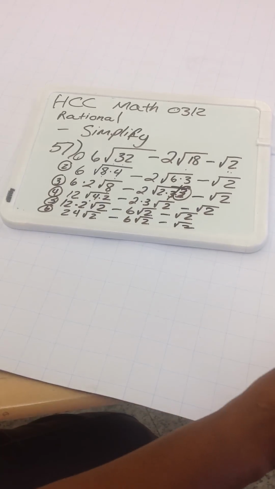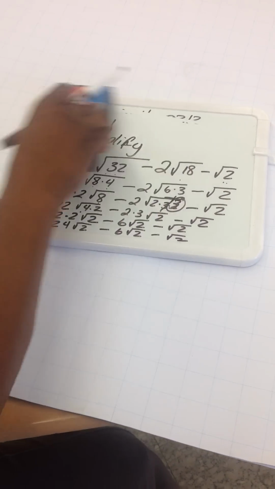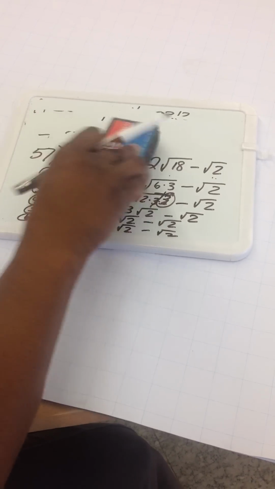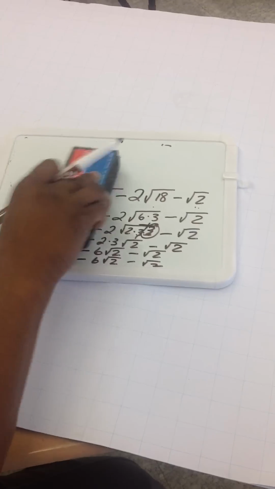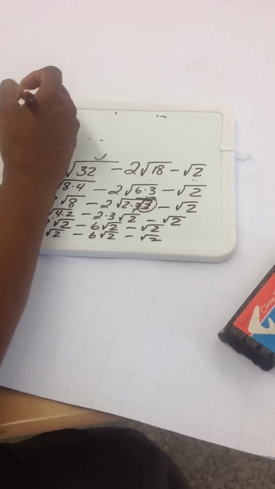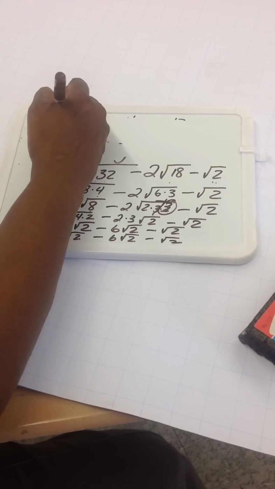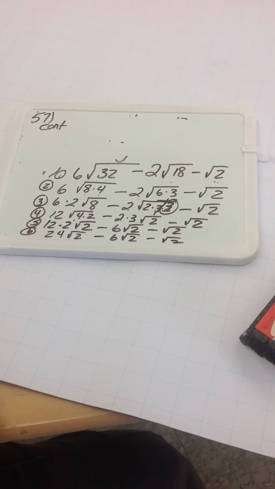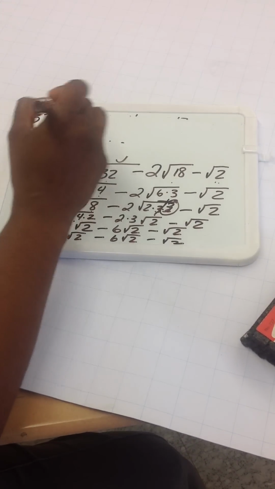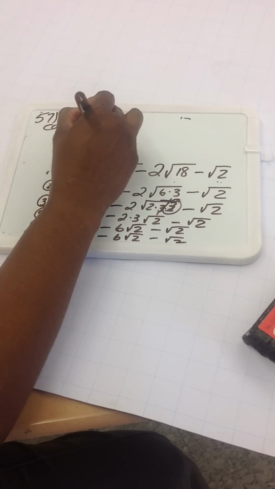I'm going to start at the top again. We're going to continue number 57. So, we had 24.